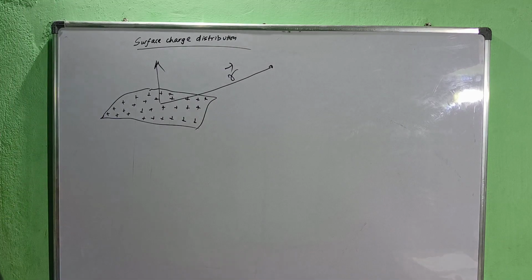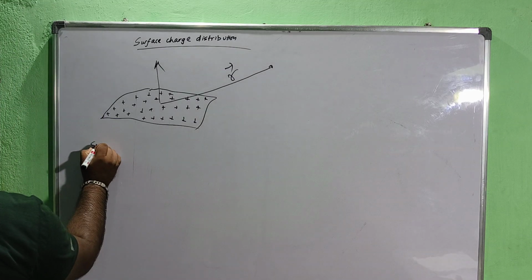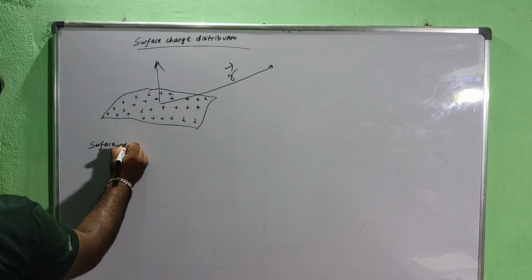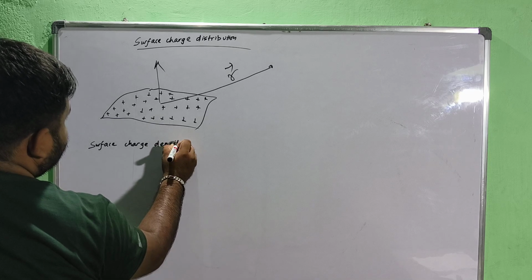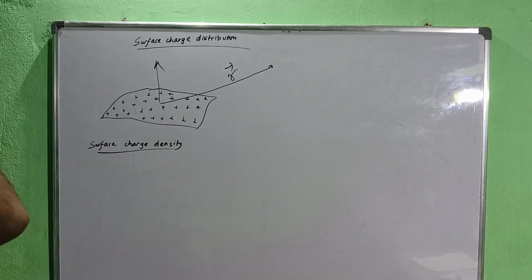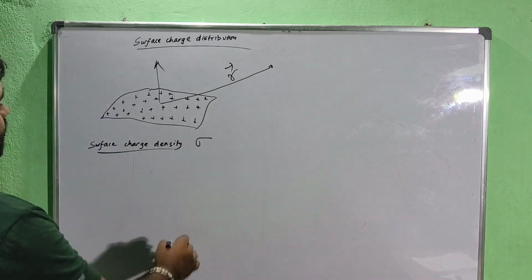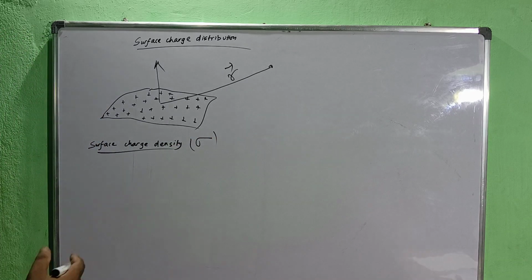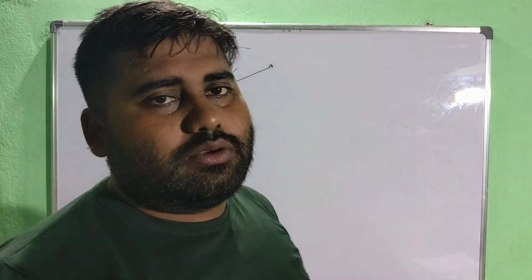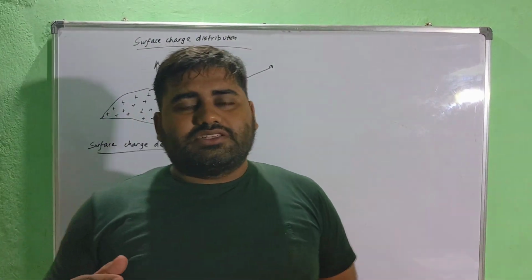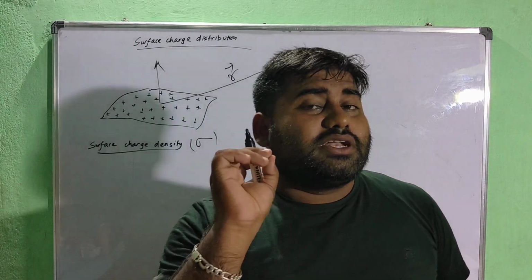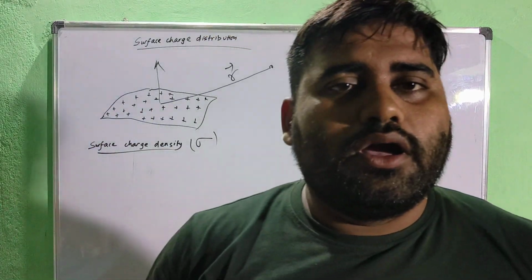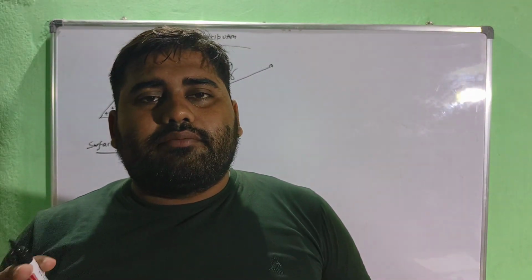So we say surface charge density. Such nice names, a very good name. And we denote it by sigma. So we saw earlier that in case of 3 dimension, we considered rho as dq upon dv, whereas dq is the infinitesimal charge and dv is that infinitesimal volume, the smallest thing we can only imagine.